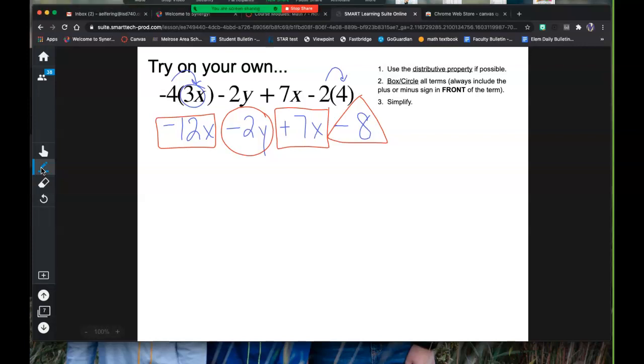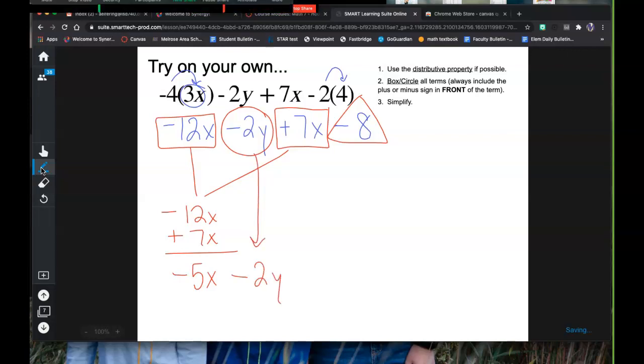Okay, so now I'm going to simplify. I'm going to put my boxes together. -12x and +7x. What's -12 plus 7? -5x. Well, look at the other ones. I only have one circle, so I just bring that down. -2y.